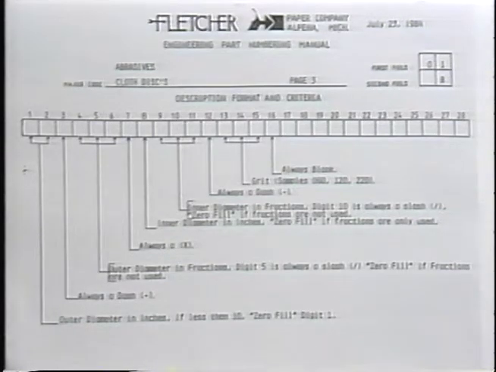We have, starting off, diameter in inches, and if there's no diameter, you zero fill. The third digit is always a dash, etc., and etc. So I'm not going to try and walk you through this page by page, but I think you've had a very good introduction on the layout of descriptions and the bearing section.